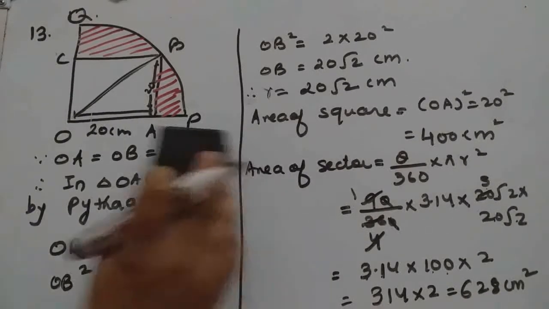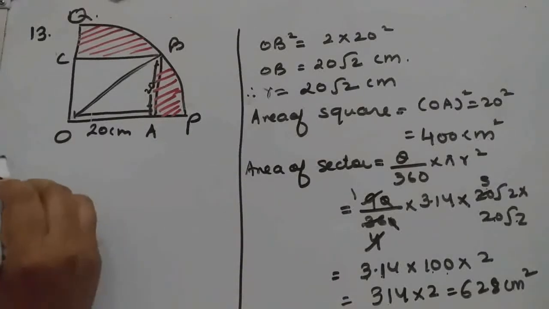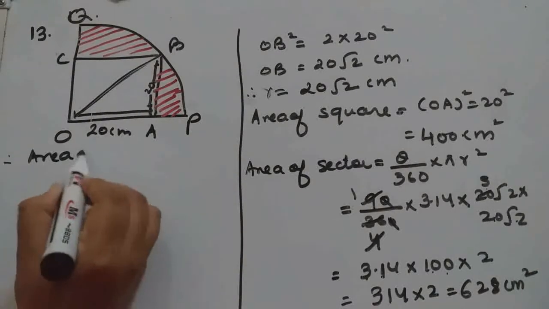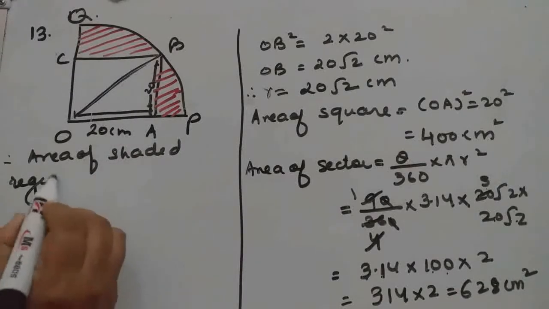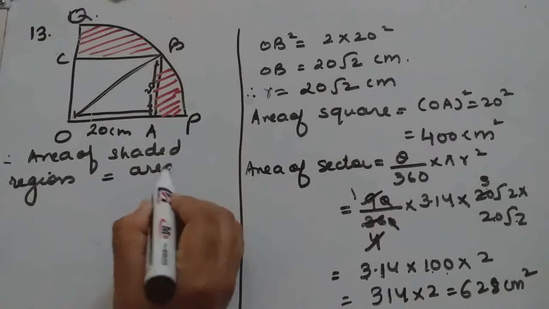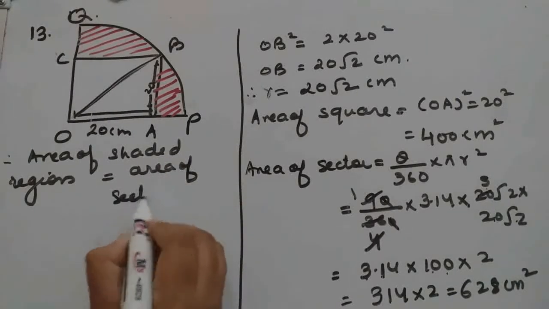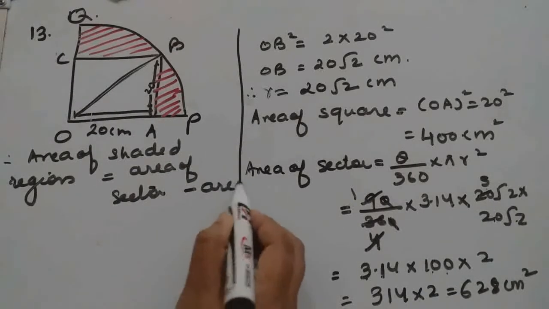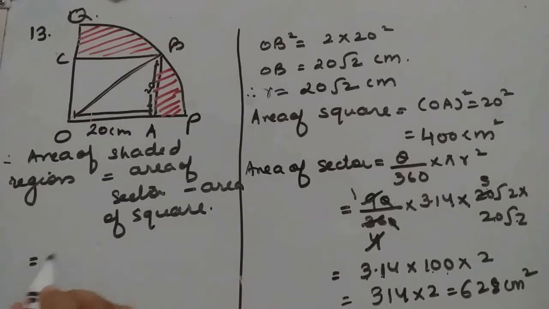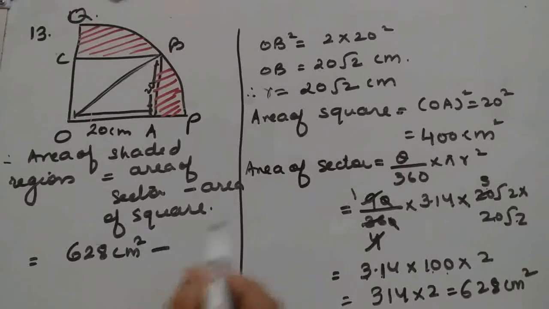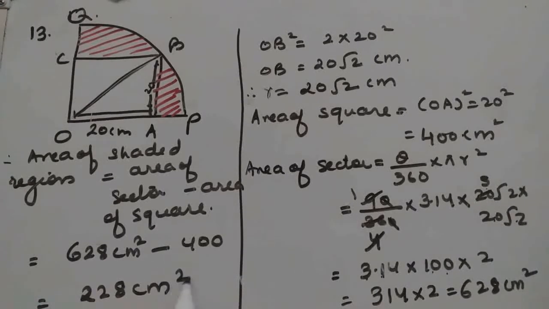So now the area of the shaded region will be area of sector minus area of square. We got the area of sector as 628 and the area of square as 400, so the final answer will be 228 centimeter square.